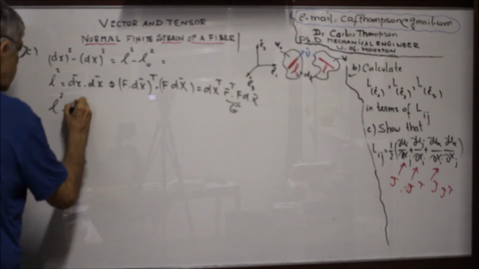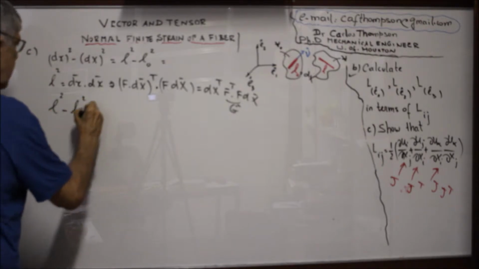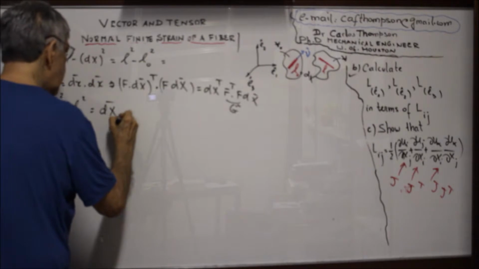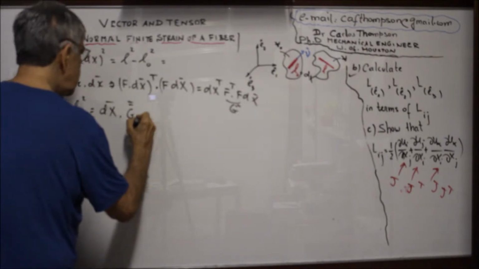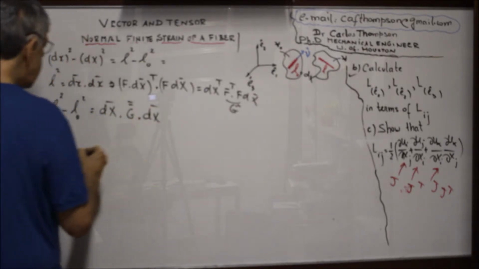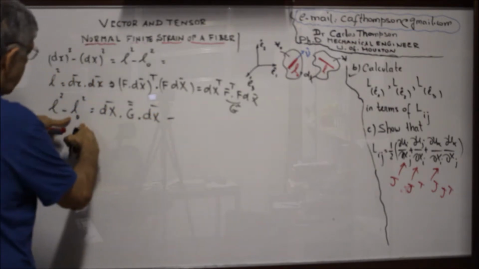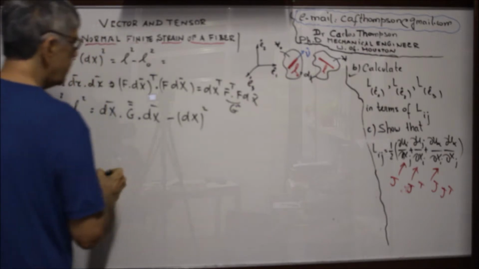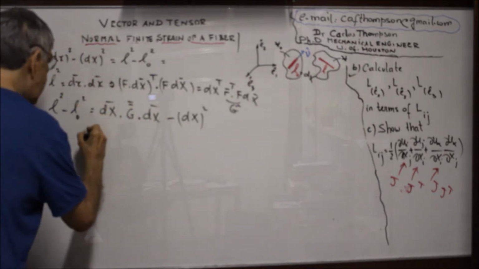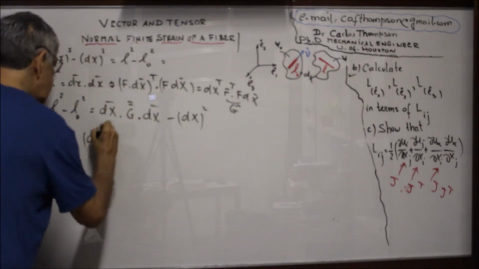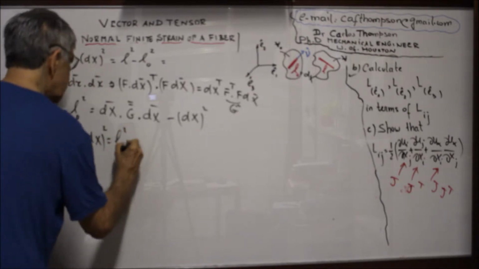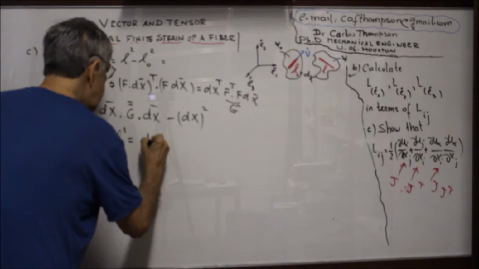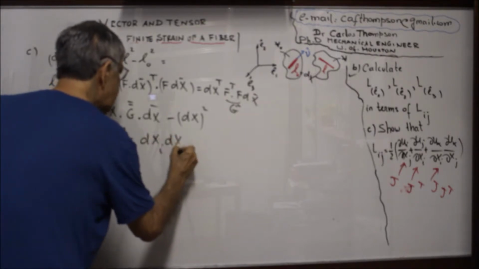Now, look how easy it is to see this. L square minus L0 square will be dX dot G dot dX minus L0 square, which is dx square. And don't forget that dx square is equal to L0 square. This is a scalar, dxi dxi.